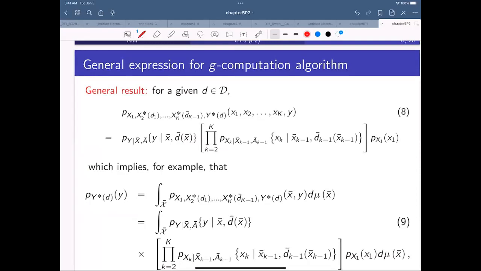It can be expressed like this. We have a marginal density of X1, and then sequentially compute the conditional distributions.